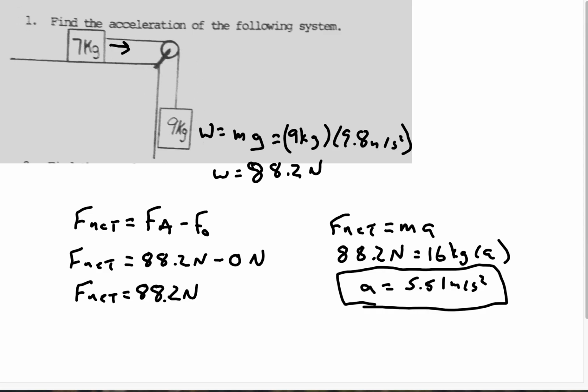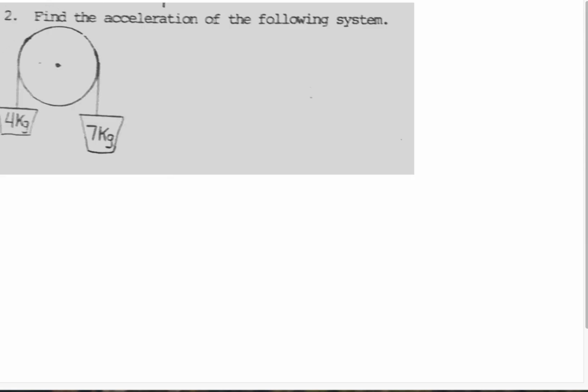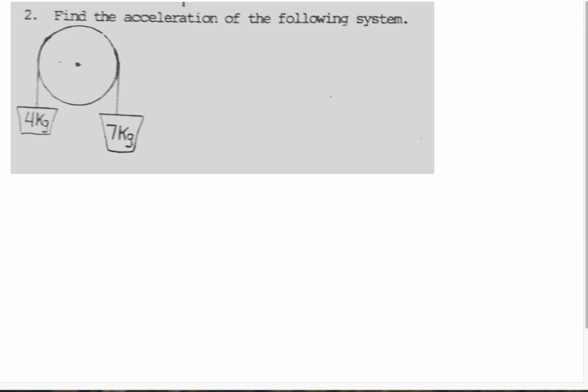So now, well, we might as well do problem number 2 as well because it just looks a little different, but it's really not. So in this problem, we have both weights hanging off the pulley. So they're both getting pulled down. Gravity's trying to pull both of them.